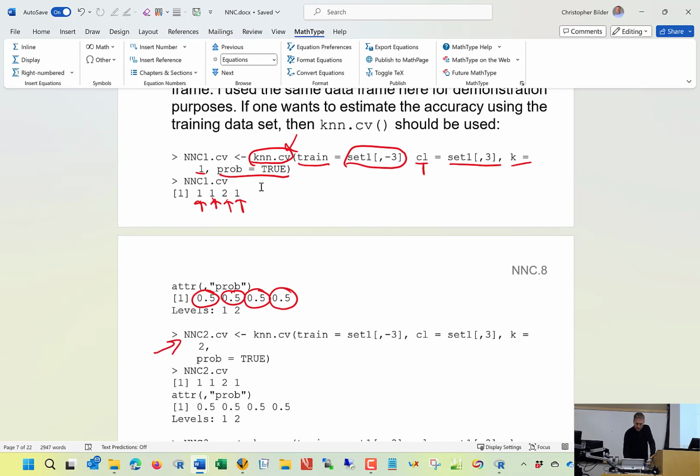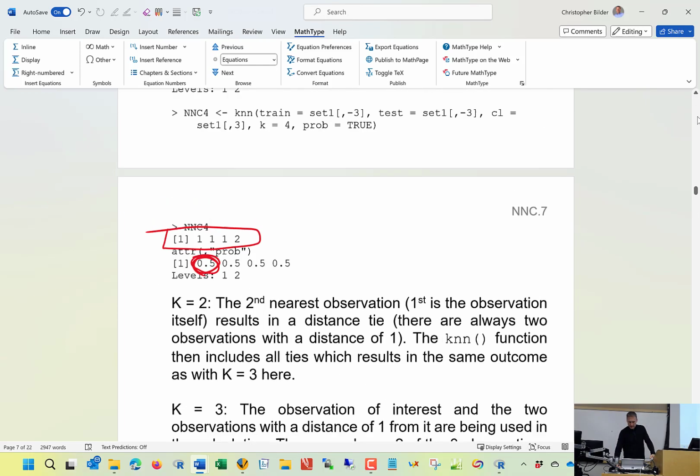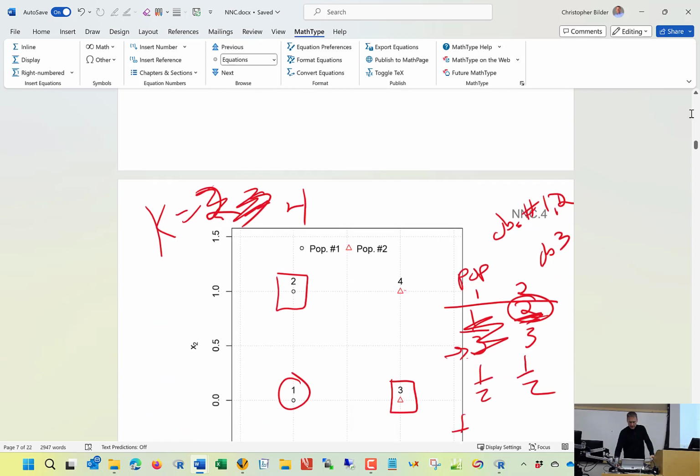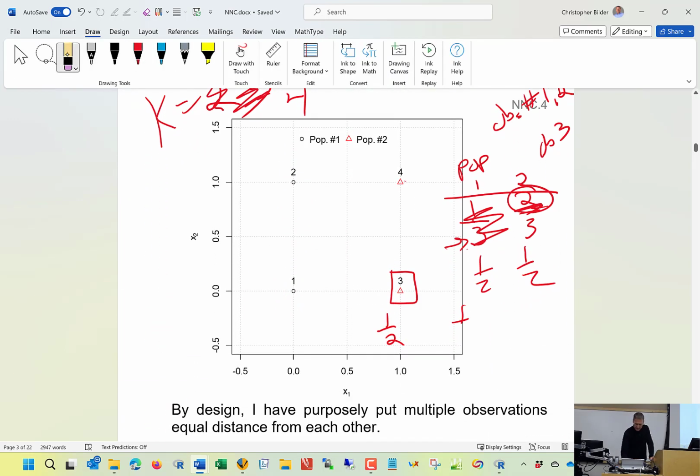If k was equal to 2, look what we get here. Well, we get exactly the same thing, because based on how I constructed this data, we always have 2 observations that are equal in distance. What if k was equal to 3? Now, for observation 1, let me do some erasing.